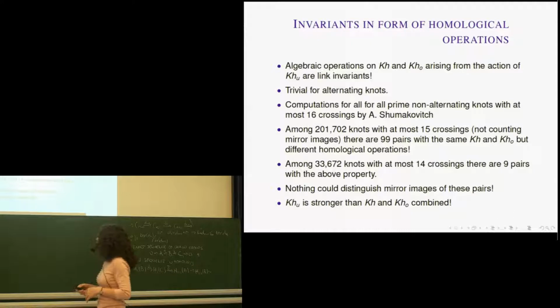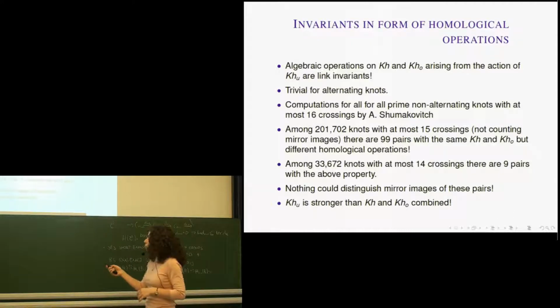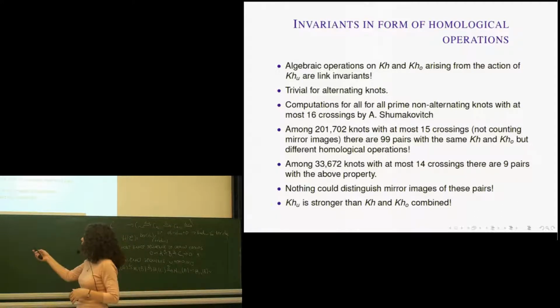But here what they notice is that you can have an action of the unified theory on the standard Khovanov homology and odd Khovanov homology. What that means is that you can compute some operations on these homology theories. And once you have some map, you can definitely compute a rank of that map. And it turns out that that's a knot invariant.